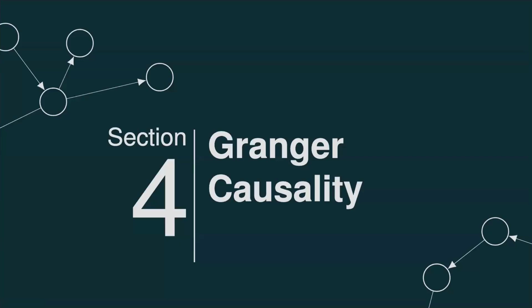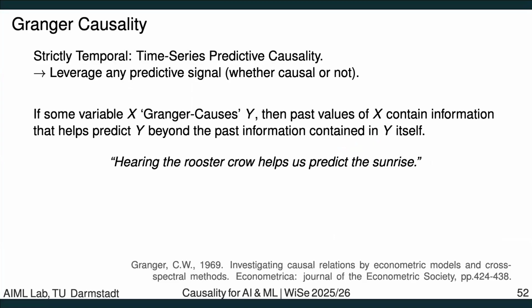Then, briefly, a thing that comes up from time to time is Granger causality, which is a more relaxed notion of causality. It can be debated if it's really causal, but sometimes it's at least helpful. This is usually defined strictly over temporal data, so time series.